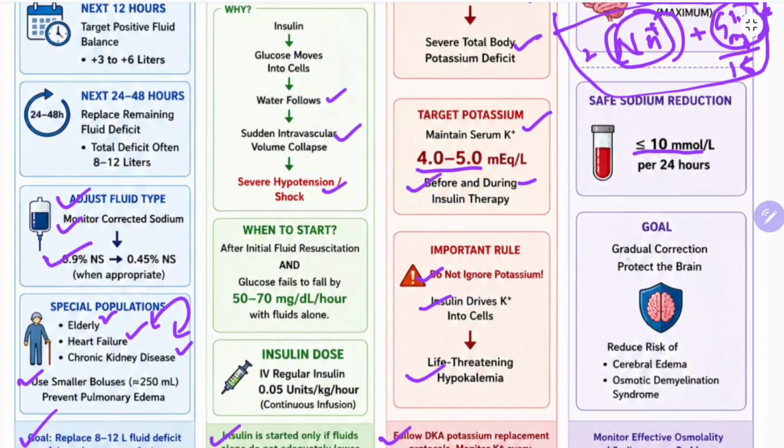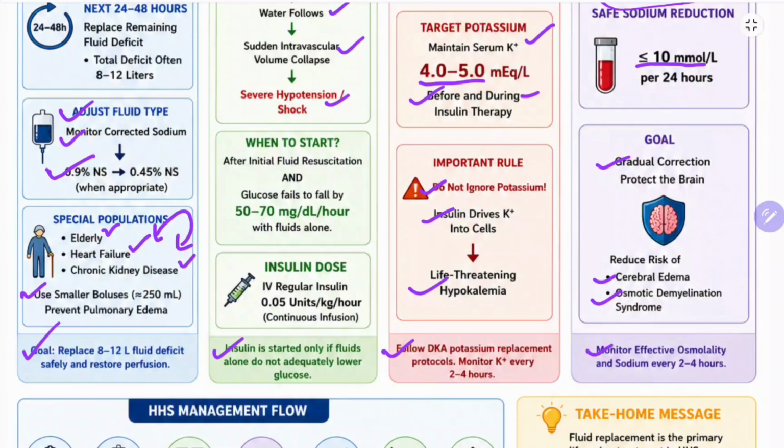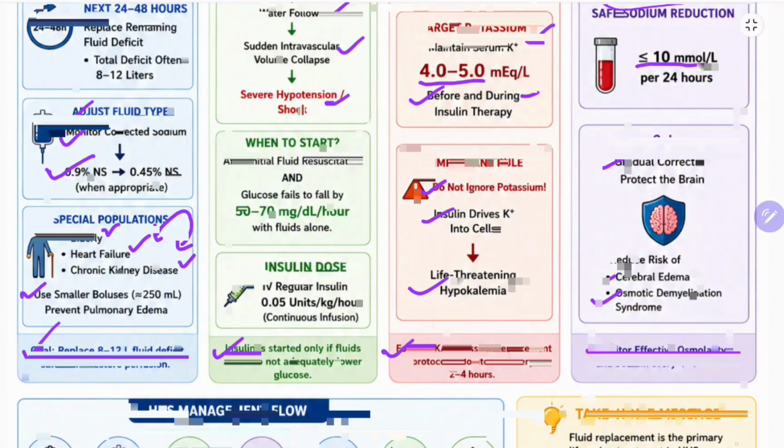Okay. Why? The goal is gradual correction to protect the brain and to reduce the risk of cerebral edema and osmotic demyelination syndrome. So monitor effective osmolality and sodium every 2 to 4 hours. Okay.